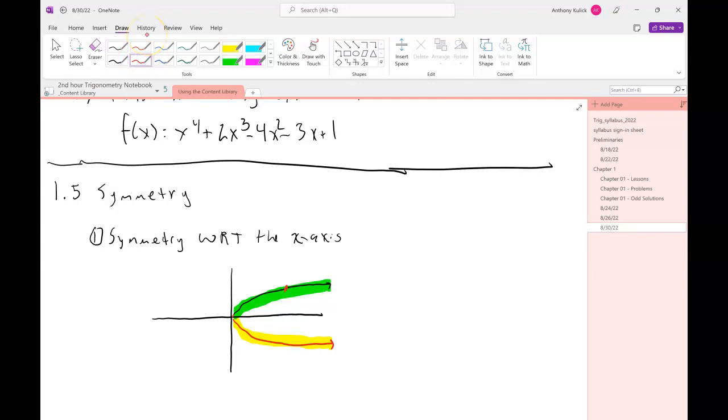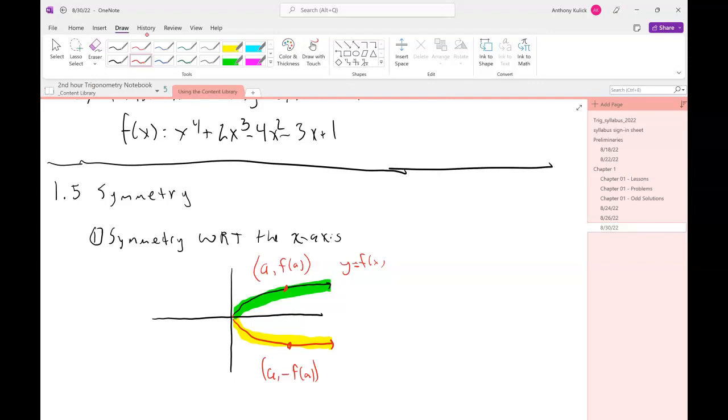So, for example, if this is the point A comma f of A, this point down here would be the point A comma negative f of A. Assuming that this is the graph y equals f of x, of course. Everybody's good there?